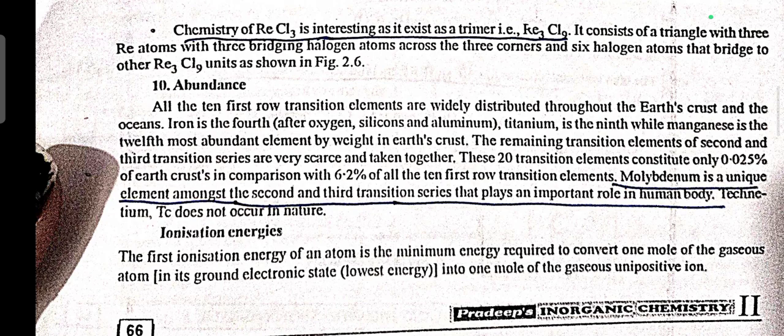The amount of energy required in this process indicates how strongly the most loosely bound electron is attracted by the nuclear charge. It has been observed that the ease with which an electron can be removed from a transition metal atom is intermediate between those of s and p block elements.